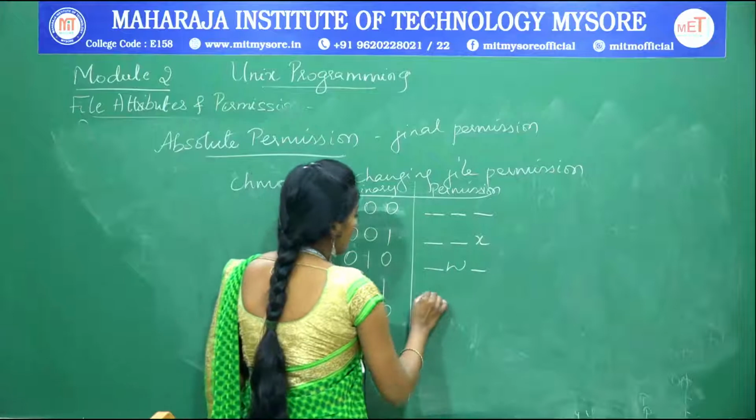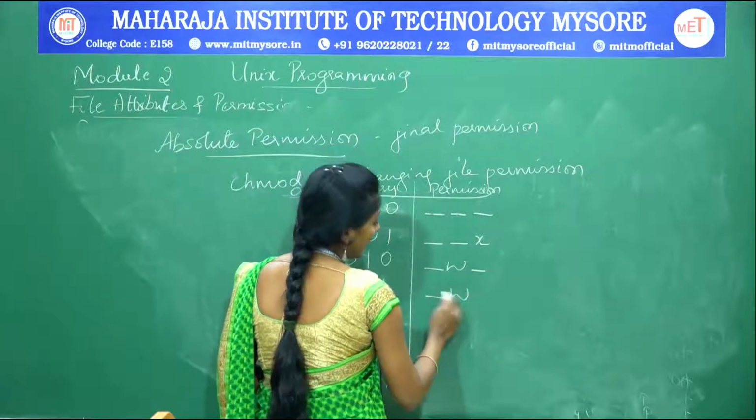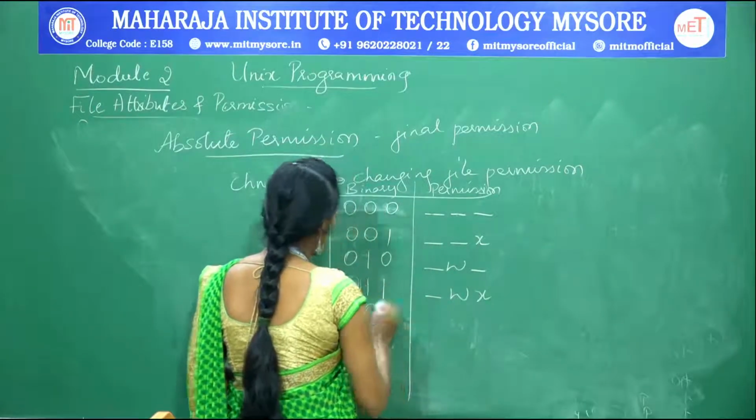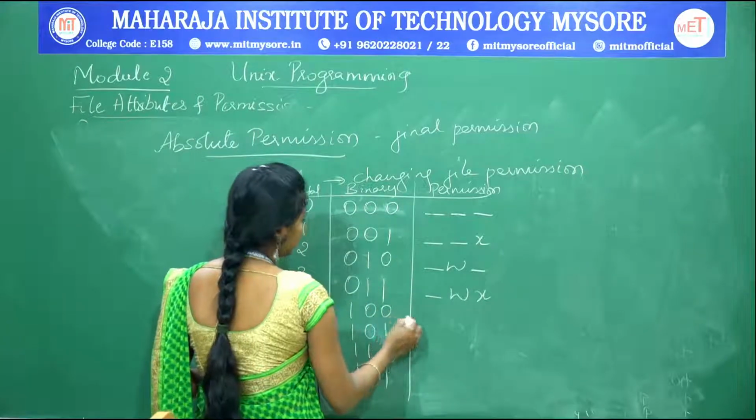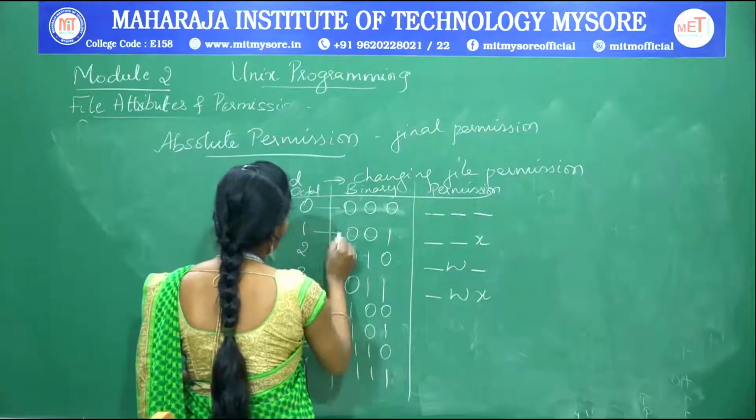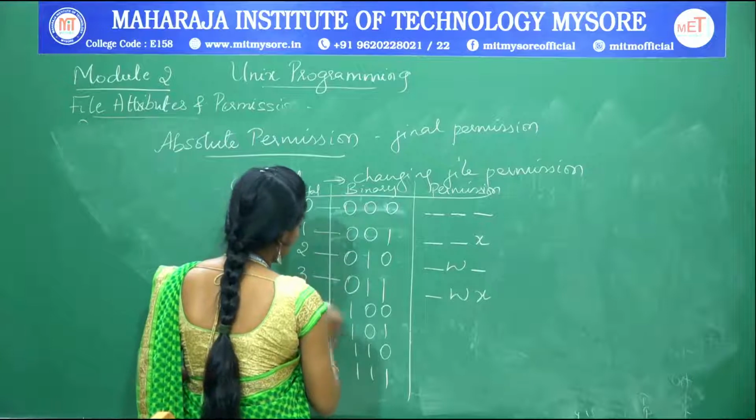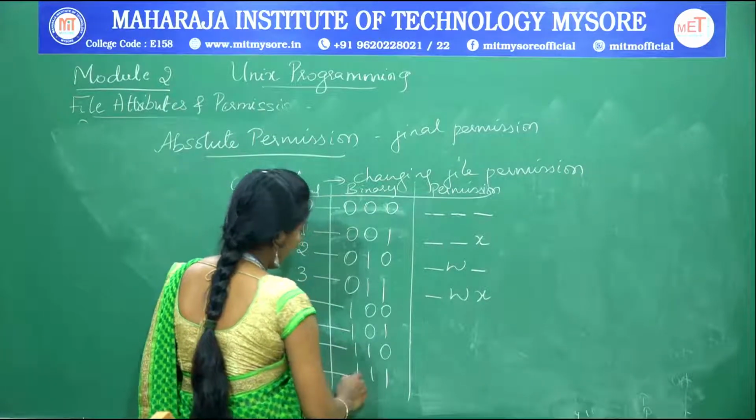For 3, write and execute are enabled, for 4, and for 5, this is 3, this is 4, this is 5, this is 6 and this is 7.